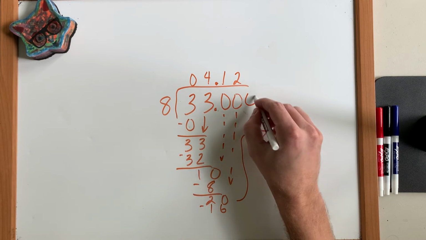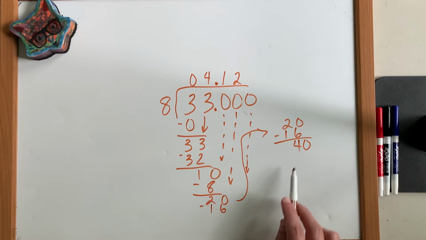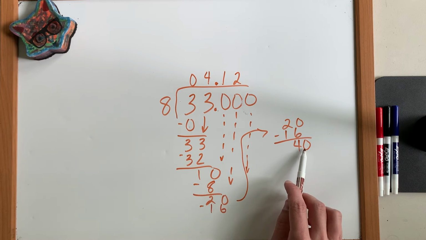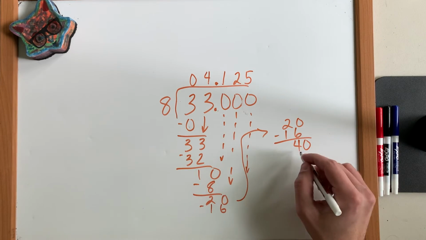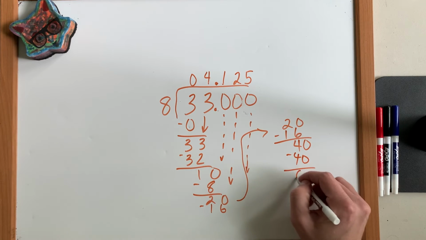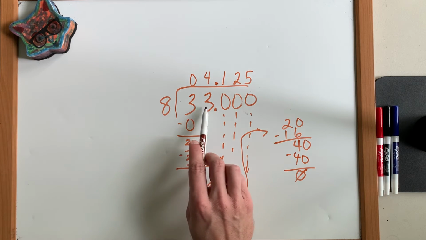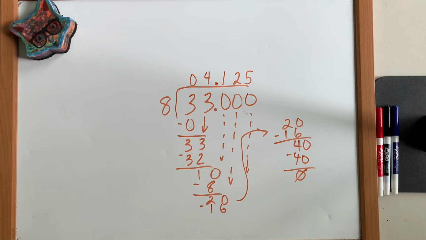The final placeholder 0, if I were to drop that down, it would land right here next to the 4, and it would make 40. And 8 goes into 40 5 times. 8 times 5 is 40. So now when I subtract, I have nothing left over, which means I'm done. And the final answer, 33 divided by 8, is 4.125.